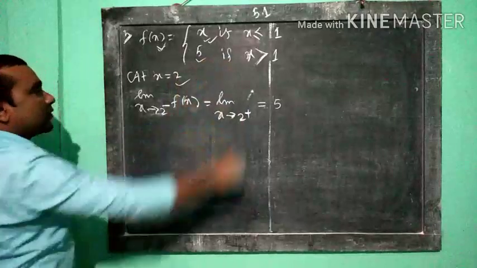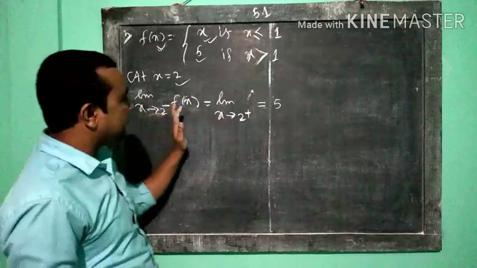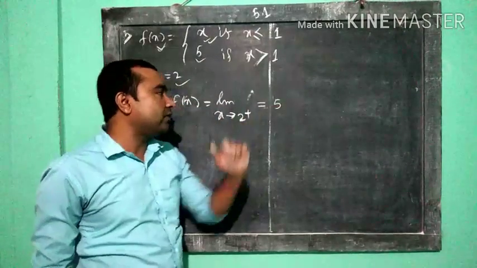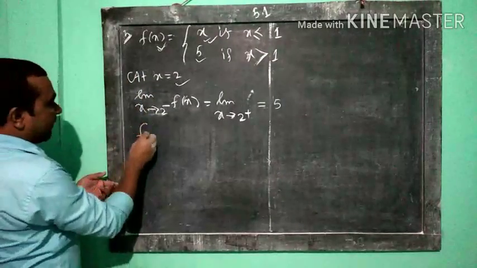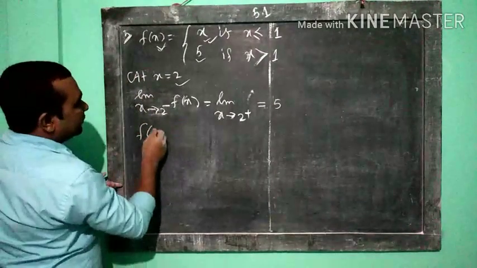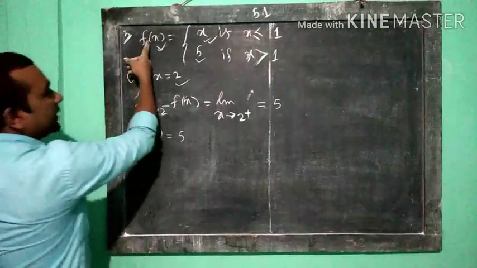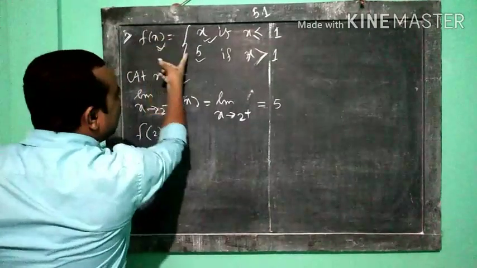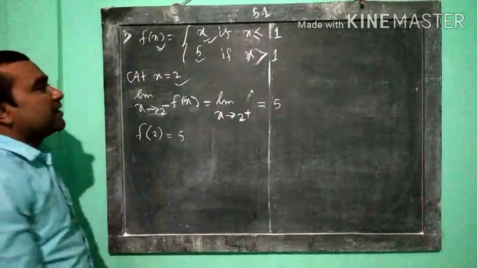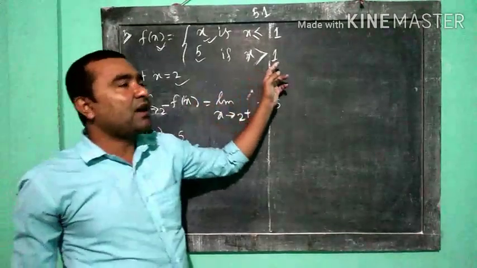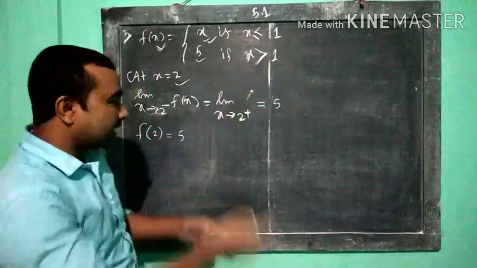So limit x tends to 2 negative f(x) equals limit x tends to 2 positive, which is equal to 5. So f of 2 is also 5, because it is given here that f(x) equals 5 when x is greater than 1.